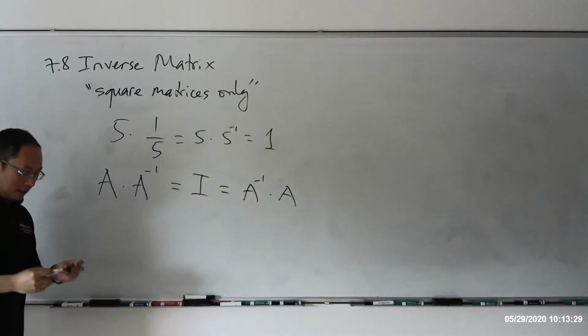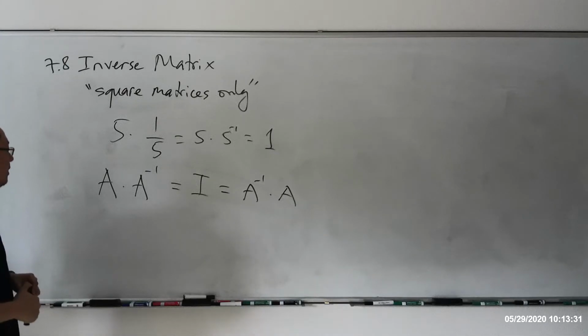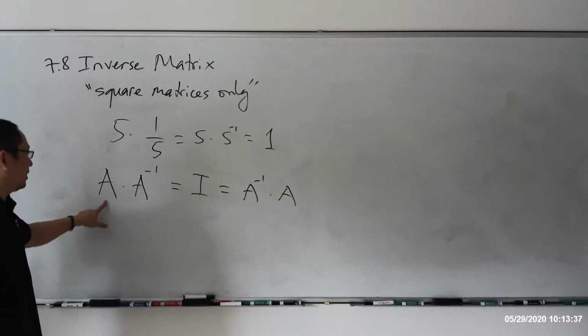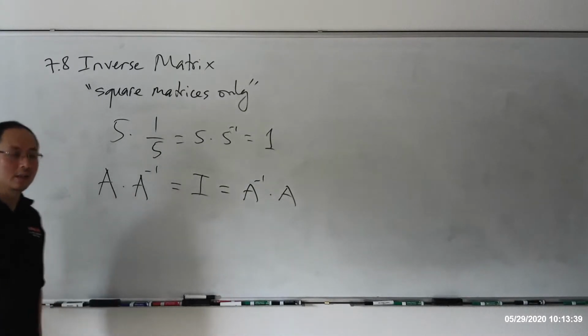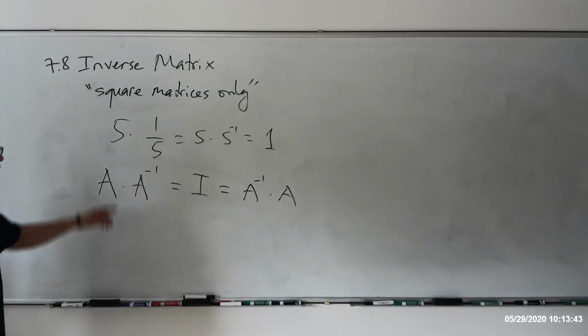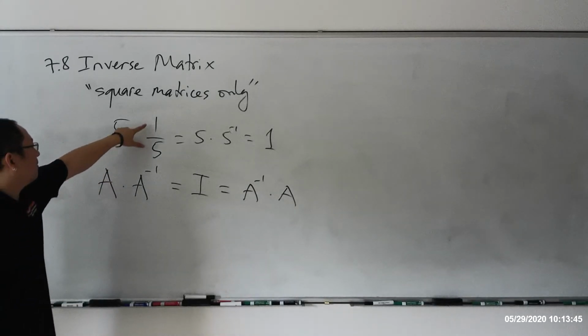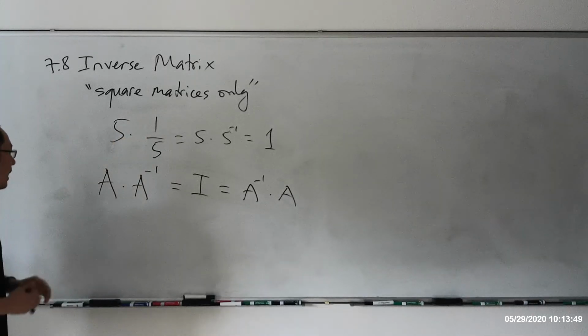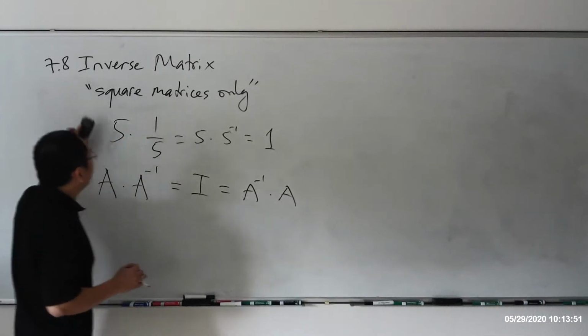So that will give you a hint of how to check to see if a matrix is the inverse of the other. If you multiply one matrix to another one and it gives you the identity, then this matrix is called the inverse of the other. Okay, so 5 times 1/5 equals 1, so you say that 1/5 is the inverse of 5, and vice versa.